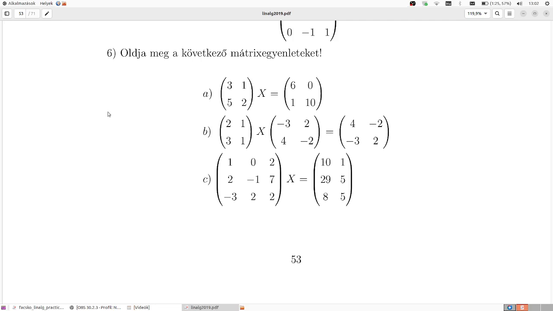Okay. Next one, the last one. The last row. This should be 1, 0, 3.